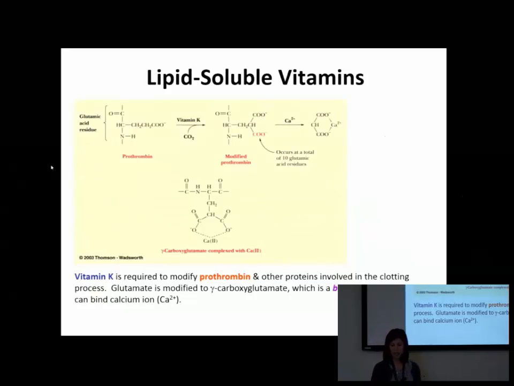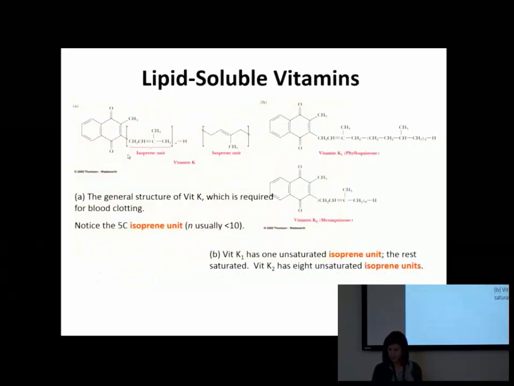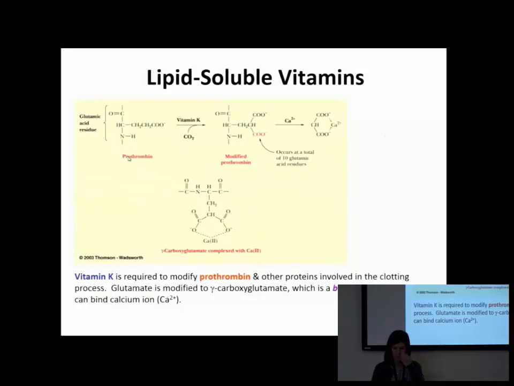Blood clotting comes when we chelate with calcium. And this chelating with calcium forms the clot, actually. So here, this is in prothrombin. Here's the glutamic acid residue.